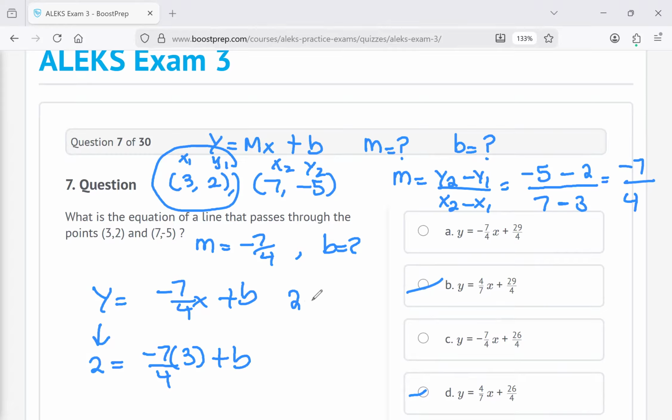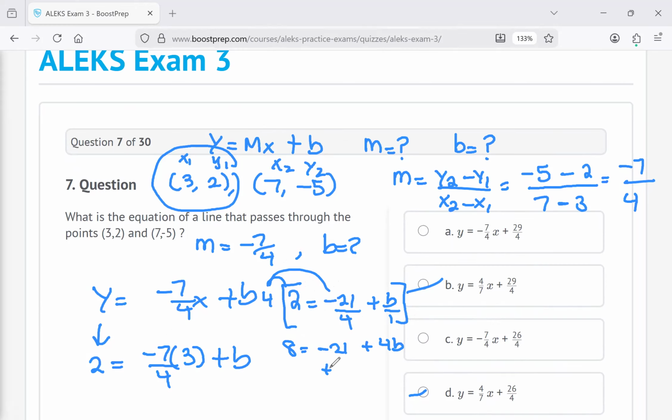So you get 2 equals -7 times 3, which is -21, over 4, plus b. Then I'm going to get rid of the fraction by multiplying everything by 4. So 4 times 2 is 8, 4 times -21/4 is -21, and 4 times b is 4b.